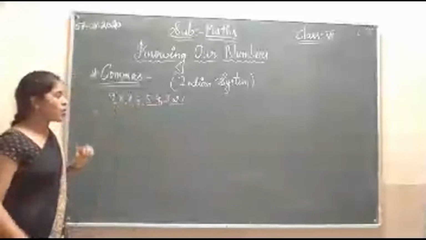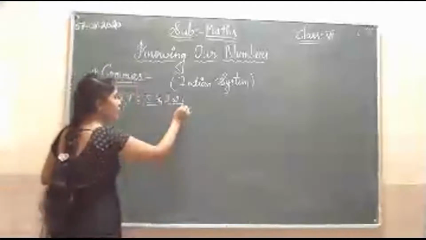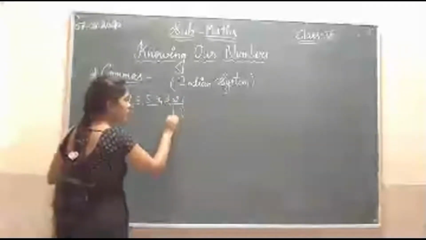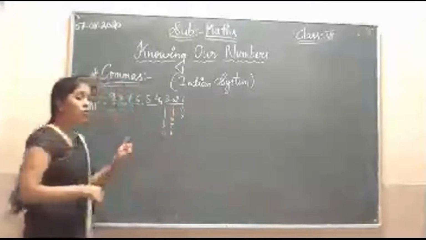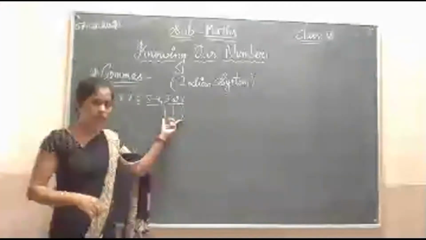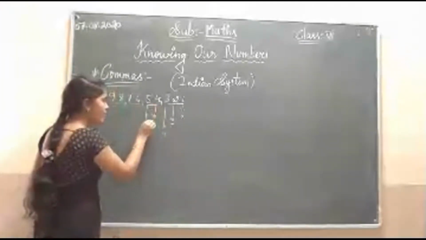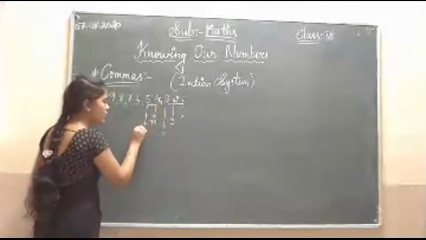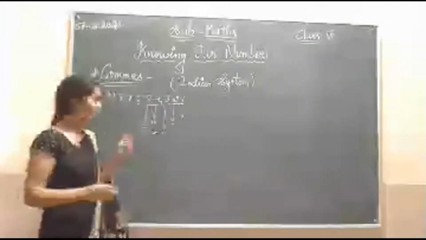Why are we first taking 3 numbers? Because ones, tens, hundreds come in one group, and 1,000 and 10,000 come in one group.